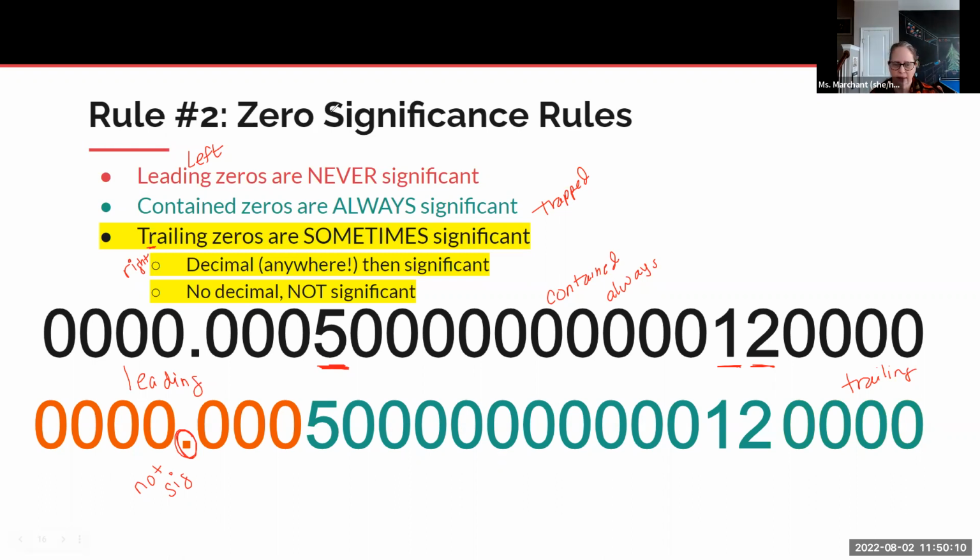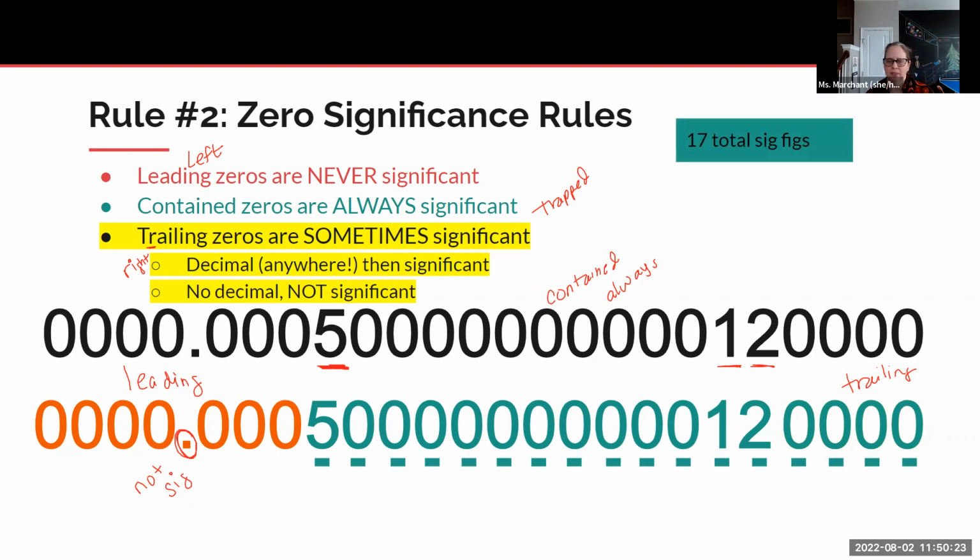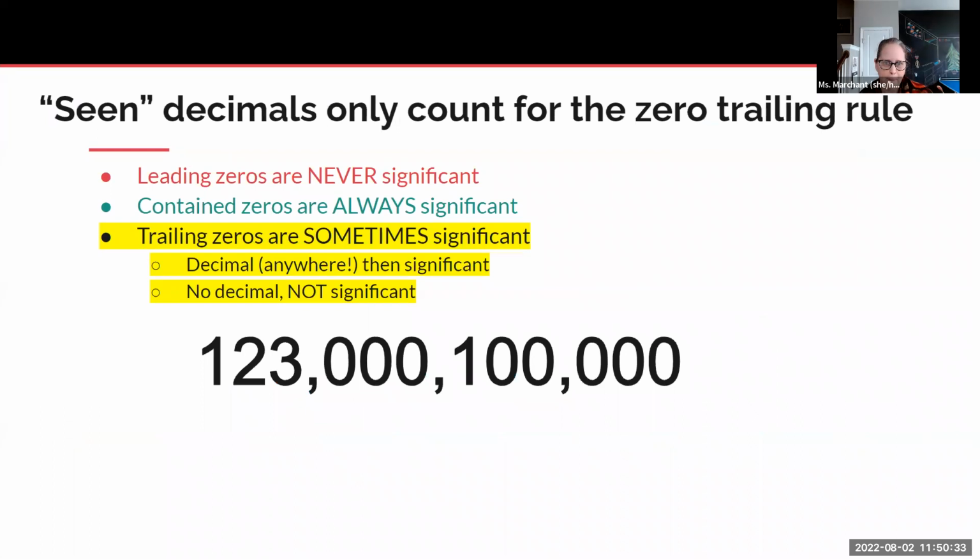They're still important to tell us that it's not 0.5, it's 0.0005. So we don't underline them, but they are still placeholders. We underline everything else that was green, and then we count that up, and we notice we have 17 total things that we underline. So 17 sig figs. So those are your rules.